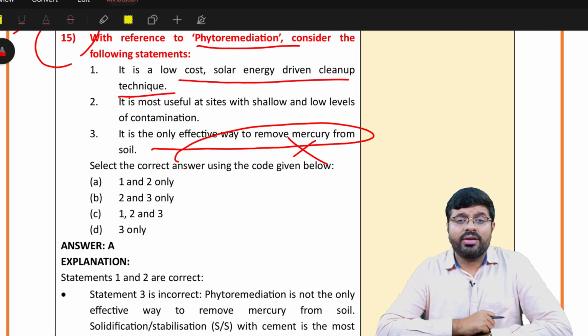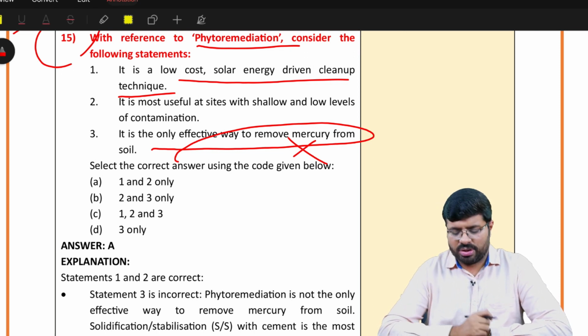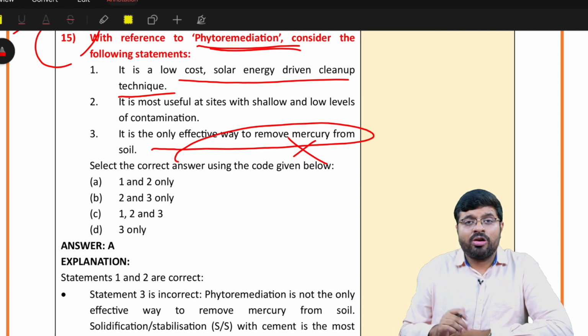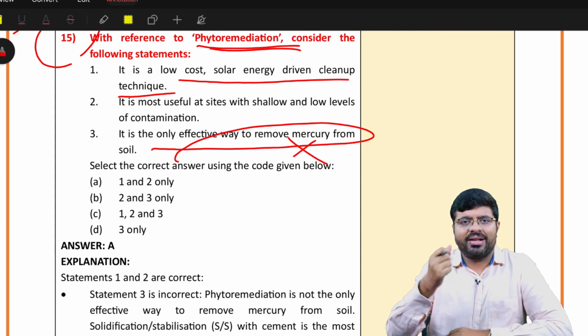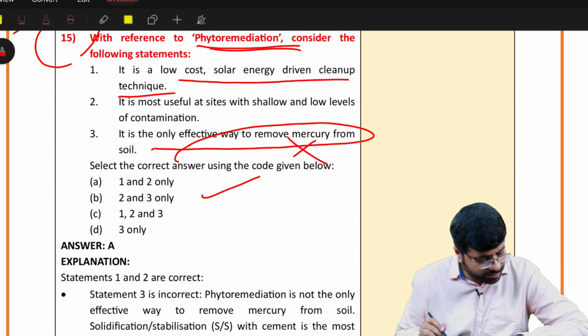It is also used in the radioactive pollution of Ukraine, where some species, say sunflower plants and mustard plants, are used to collect the radioactive elements from the soil into the body parts of the plant. This is phytoremediation. It is also called biomining, so you can mine some kinds of minerals as well. So this is the thing about phytoremediation.